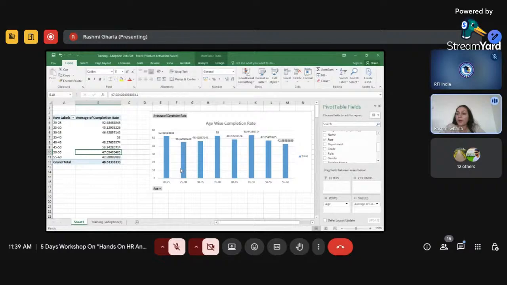There may be a possibility that the number of employees in this particular age group is higher in comparison to other age groups. Another possibility is that the type of programs you have offered to this kind of people is not that practical, and that's the reason these people have not taken interest.